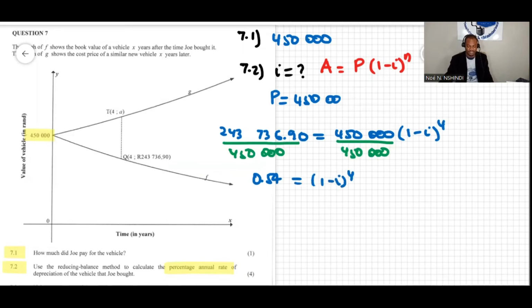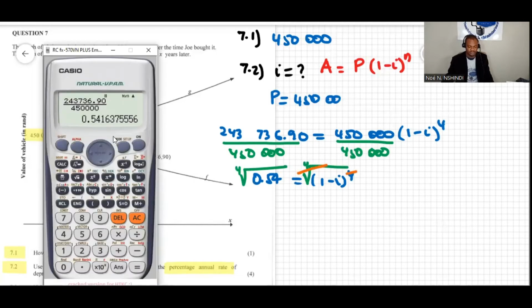If I need to find I, I can use the fourth root, because the fourth root will cancel the power of 4. So I can just say the fourth root of this.